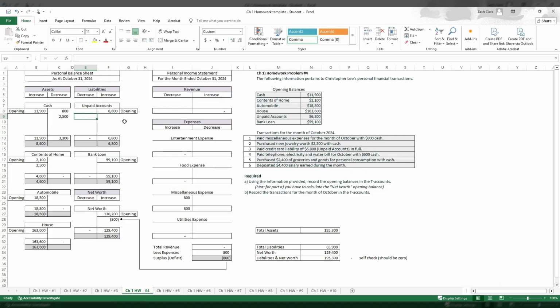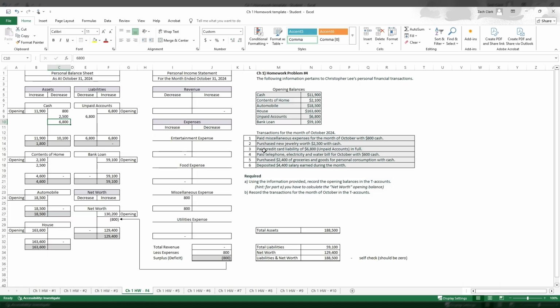And so look here, a decrease for liabilities is opposite to the assets. So we want to decrease by putting 6,800. That reduces our ending balance there to zero. And the way that we pay down a debt, a credit card balance, etc., is by reducing cash because we made that payment.